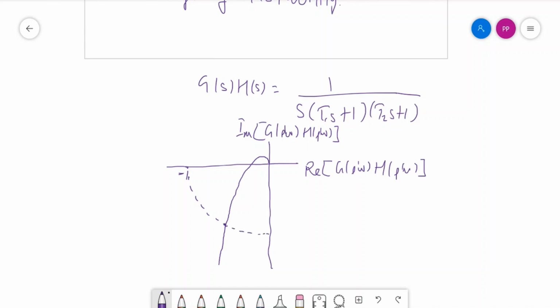This is the gain crossover frequency omega, so the magnitude is 1, so this length should be 1 in magnitude, and the other important frequency is this one. This is the phase crossover frequency omega, so this is crossing the point of -180 degrees.